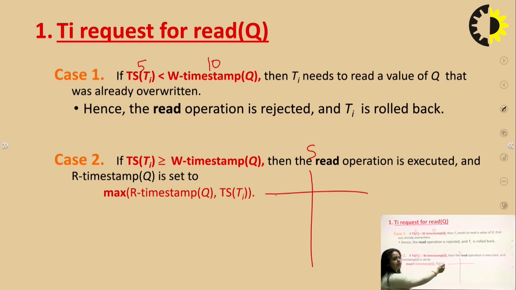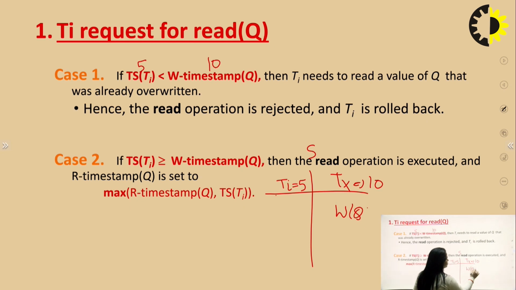So what would be the scenario in the schedule? Here is a transaction TI whose timestamp is 5, and some transaction recently performed a write operation on data item Q. Suppose it is TX, it has the timestamp 10, and it performs a write Q operation.